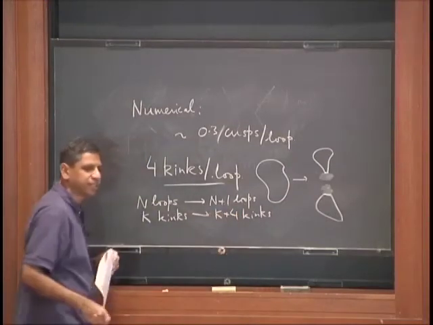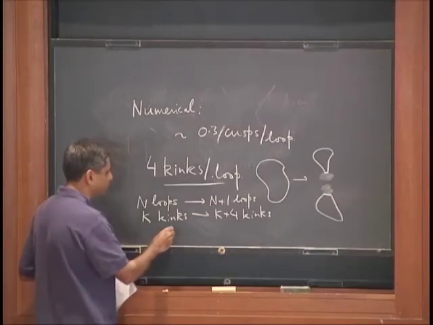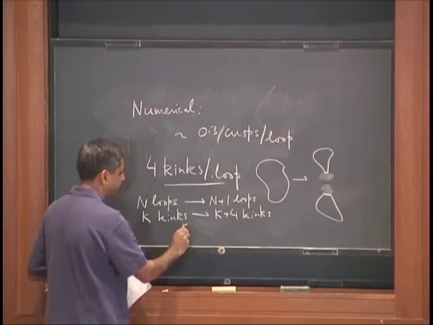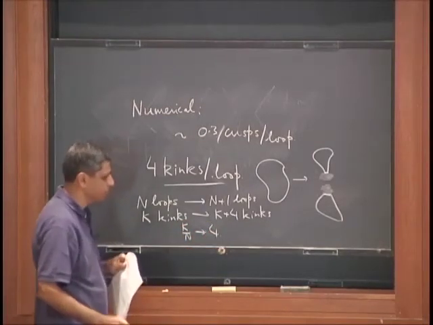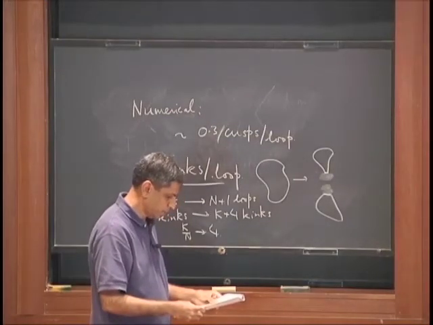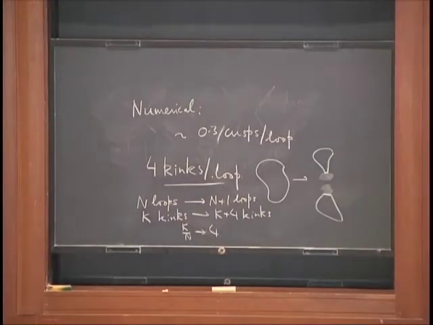By following this argument, you can show that the number of kinks per loop, which would be k by n, would tend to 4.